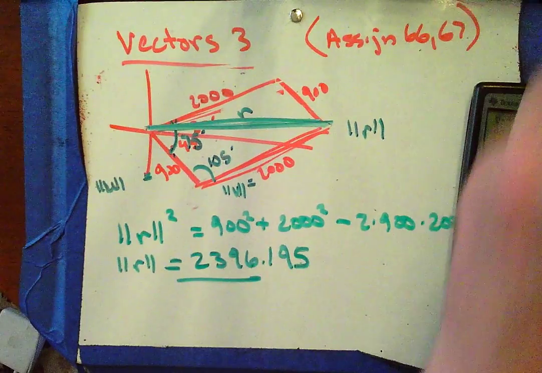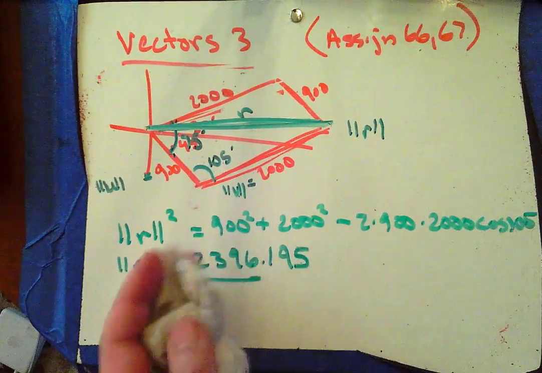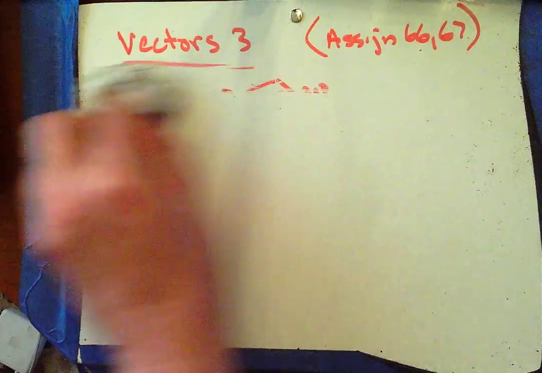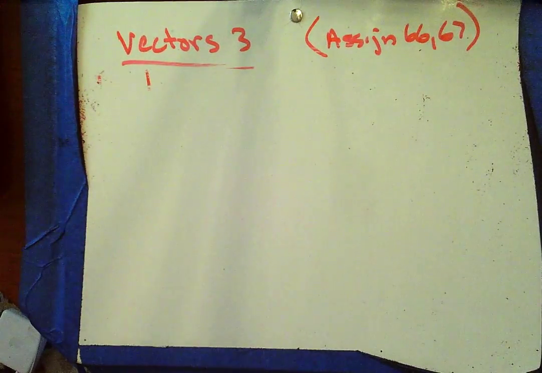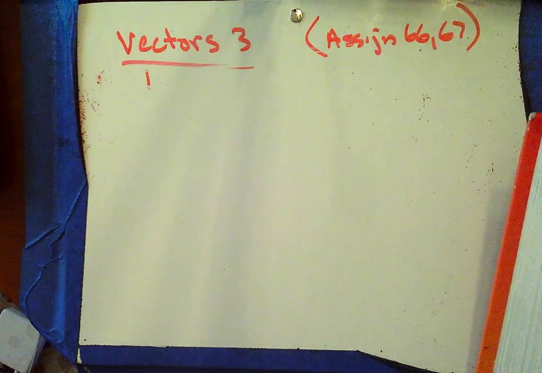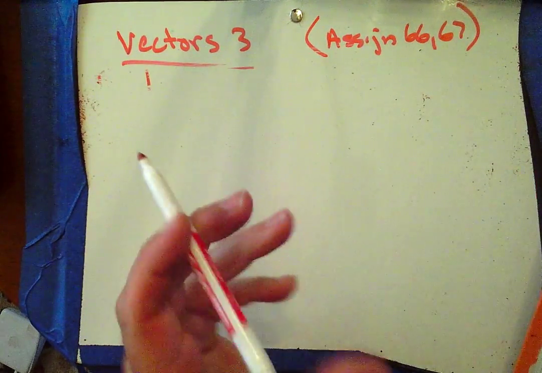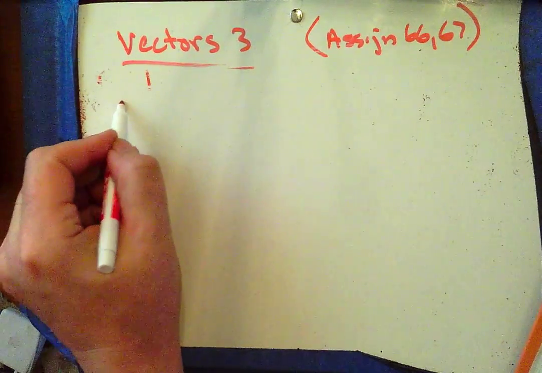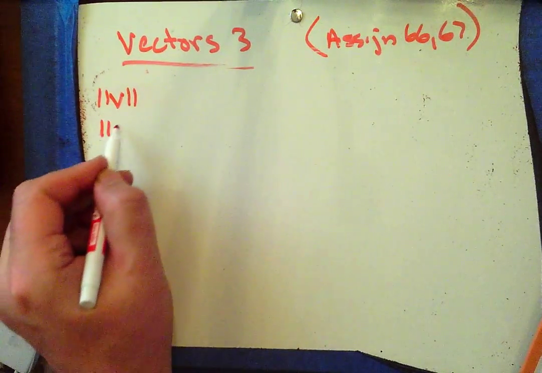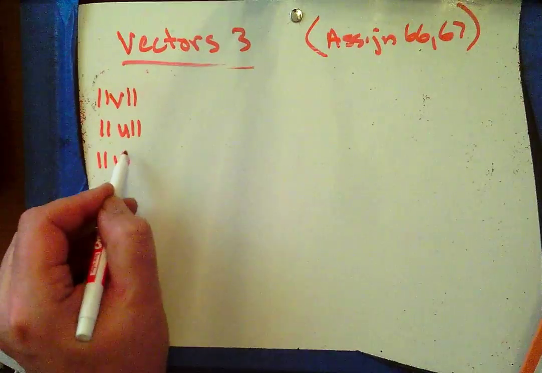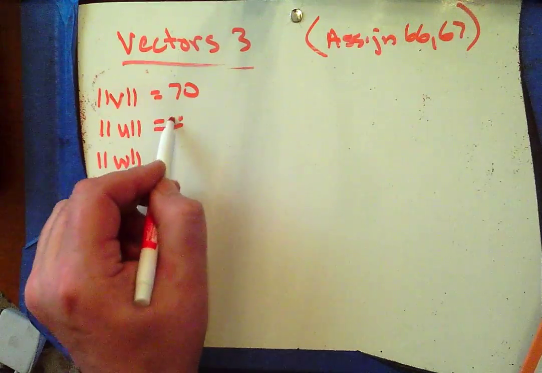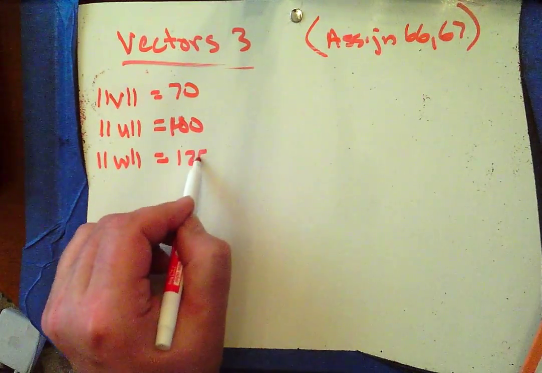However, even though the book really likes using law of cosines here, I mean, it's pretty straightforward, I don't, because of problem 88 in the textbook. Let's take a look at problem 88. Problem 88 says if you've got 3 forces acting on an object, let's call them magnitude of V, magnitude of U, magnitude of W. This one is 70, this one is 100, and this one is 125.